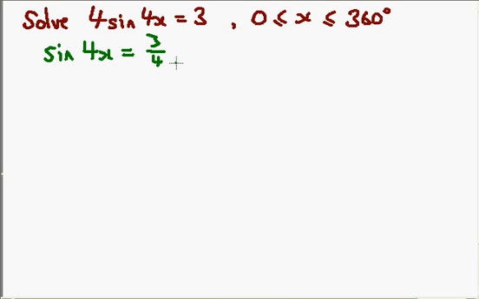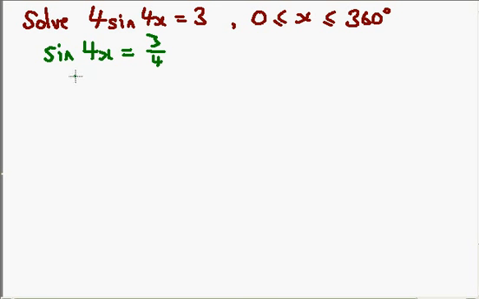Now, first off, think about what has happened to the sine curve. The transformation is a stretch. It is in the x direction and is by a factor of 1/4. Now, normally sine x has a period of 360 degrees.